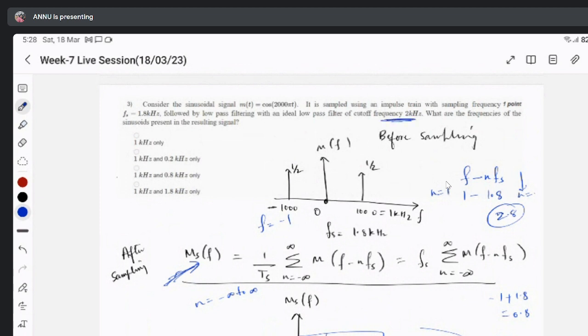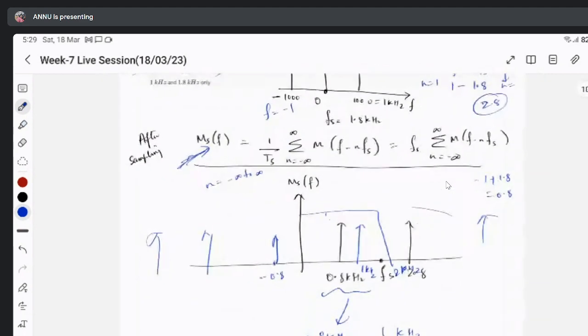So the answer is this one. We are not getting 0.2. By varying n from minus infinity to infinity with f minus 1 or plus 1, you will not get 0.2. This was also my expectation. Here we are getting 1 kilohertz and 0.8 kilohertz.